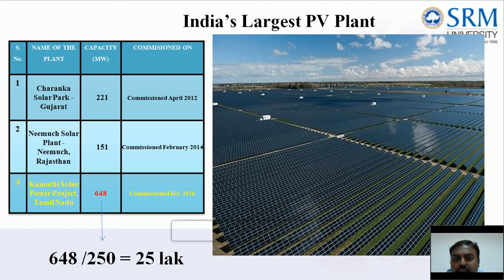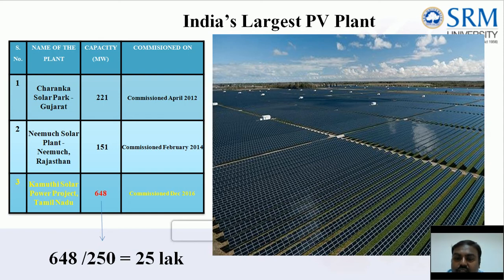PV panels available in the market range from 2 watt to 250 watt. Generally 250 watt will be the maximum. In certain cases you can customize and get more than that also, but as a standard value, 250 watt is the maximum wattage available. So I have divided 648 megawatt by 250 watt, and you can see about 25 lakh panels will probably be available in India's largest PV plant.